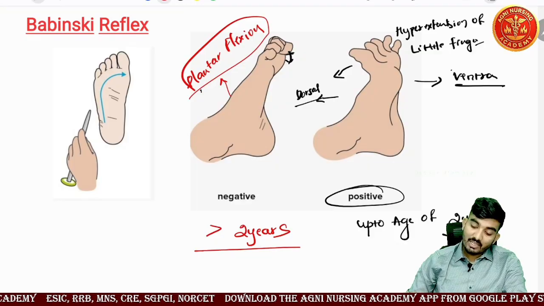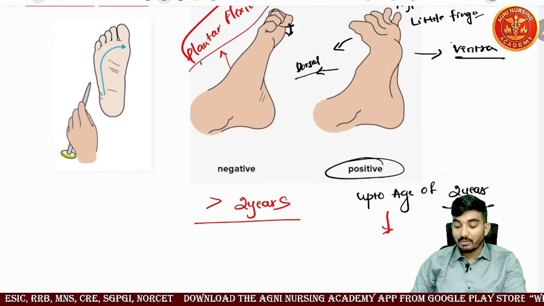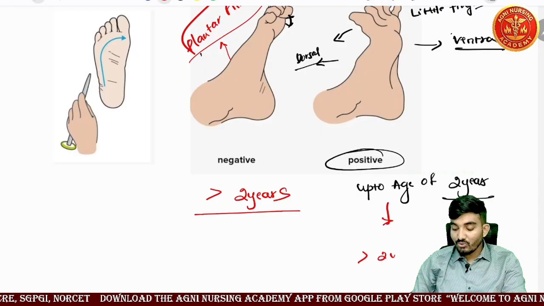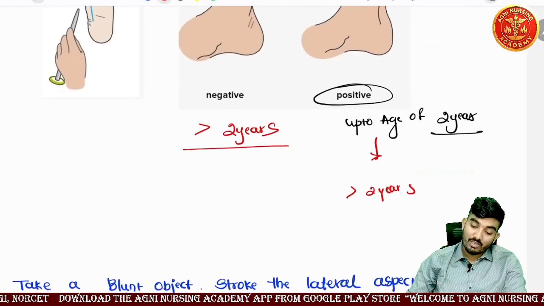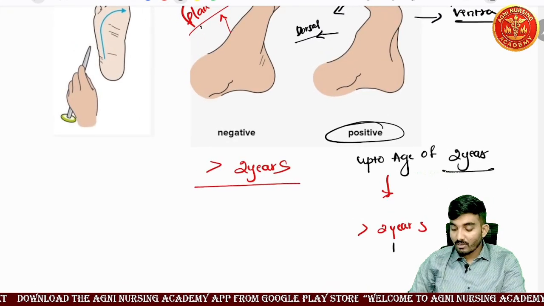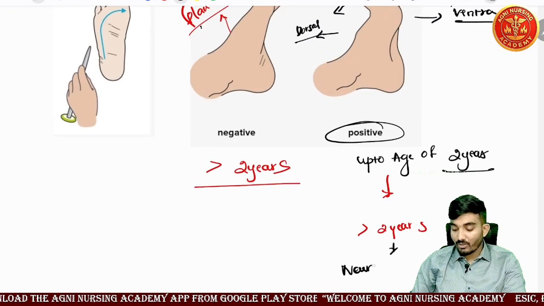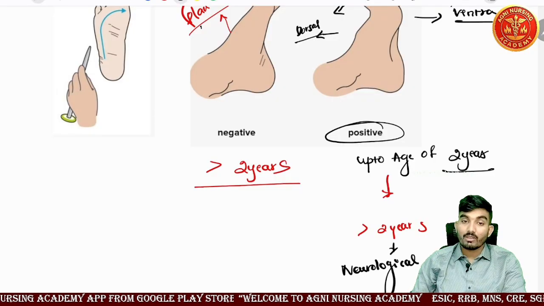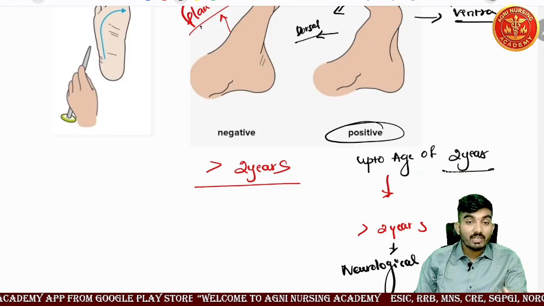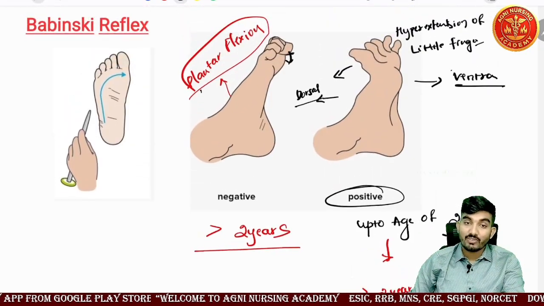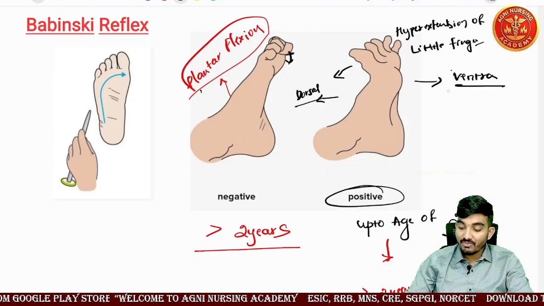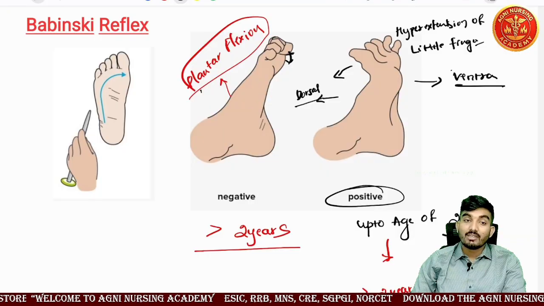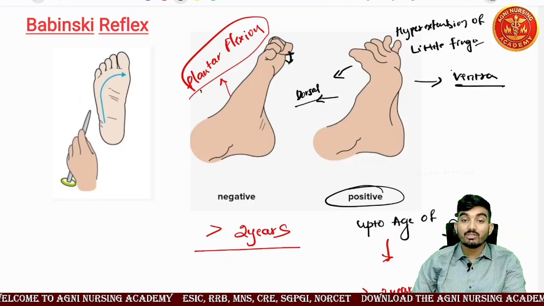If after 2 years of age the same movements occur, meaning a positive Babinski reflex after the age of 2 years, that indicates a neurological abnormality. If dorsiflexion of the big toe and hyperextension of the little toes still occur after the age of 2 years, there is an abnormality present in the neurons, so we suspect neurological abnormality.